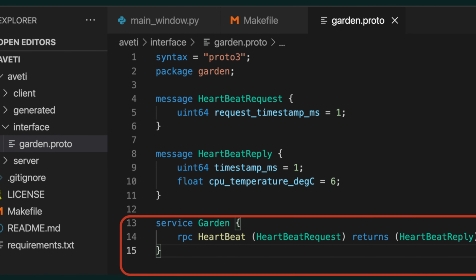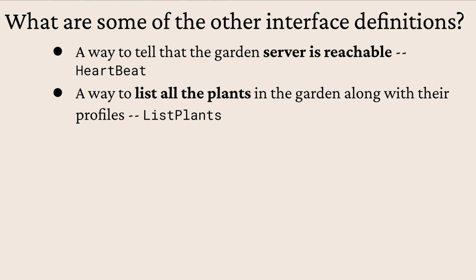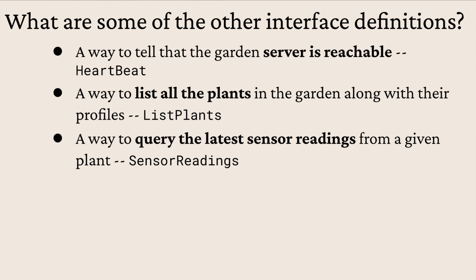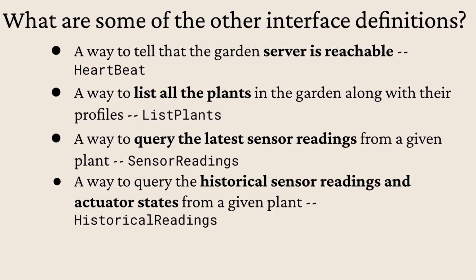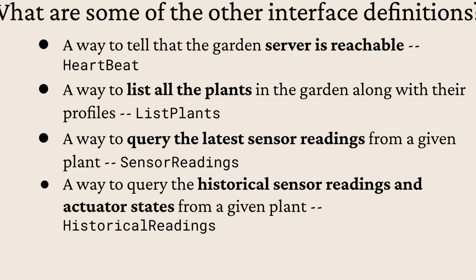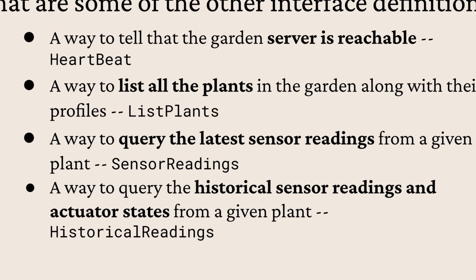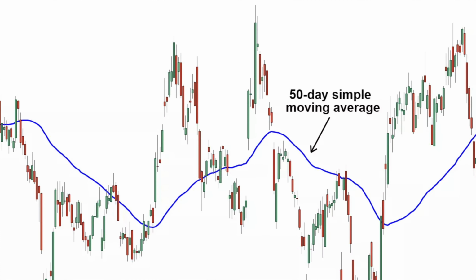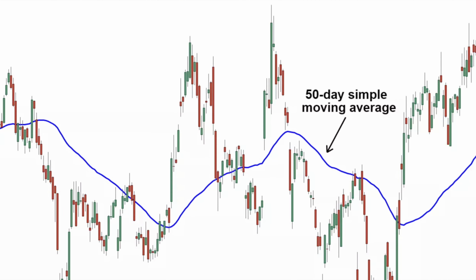Some of the other interfaces deal with, for example, a way to list the plants in a garden, a way to get the real-time sensor readings from a plant, a way to get the historical sensor readings and actuator states in a garden. Getting historical readings could be more involved, and there could be multiple functions related to it. For example, there could be a function to query the date and time ranges of data availability.